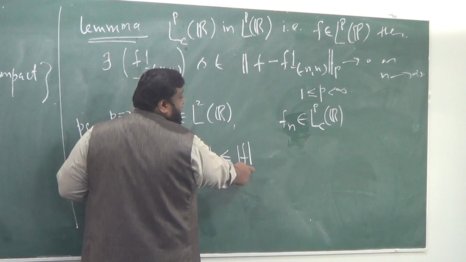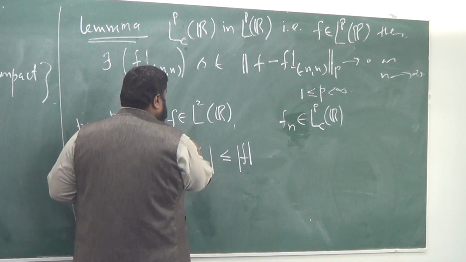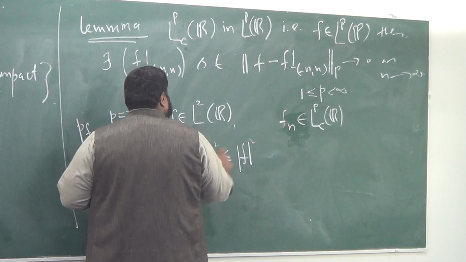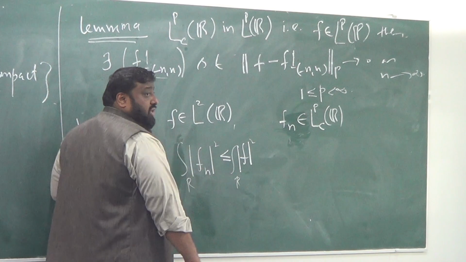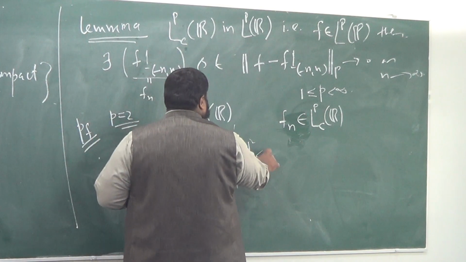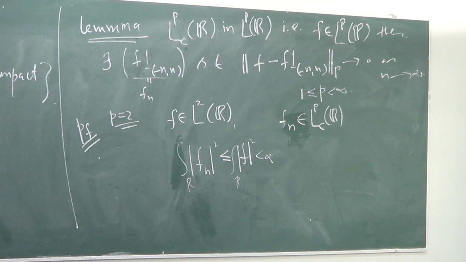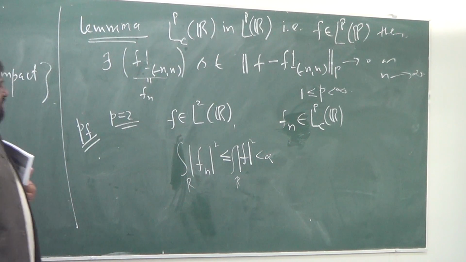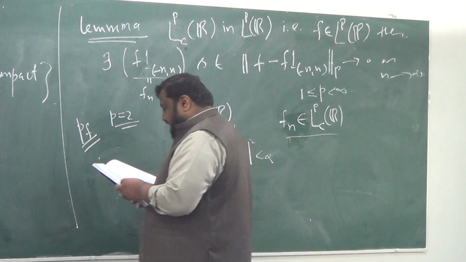This is defined on the whole of R, while this is defined on some part of it. So the squares and the integrals over R are also going to satisfy this. If this one is finite, this one is finite as well. So F_n belongs to the space.